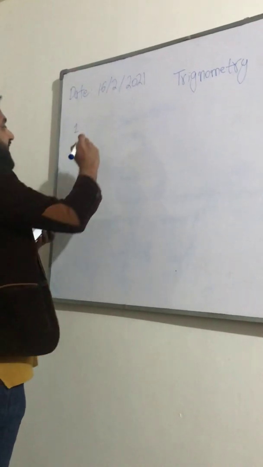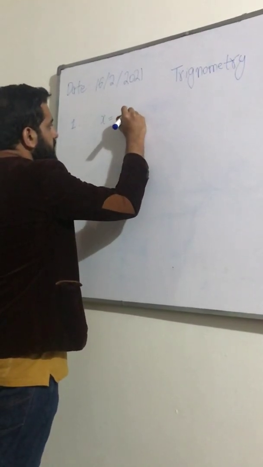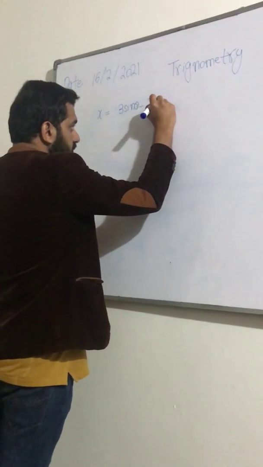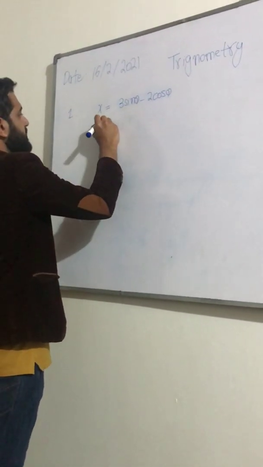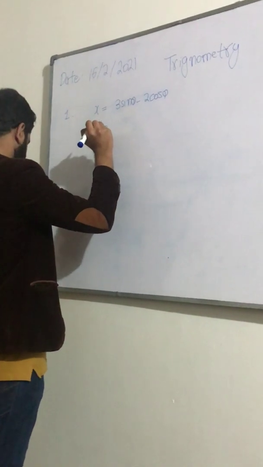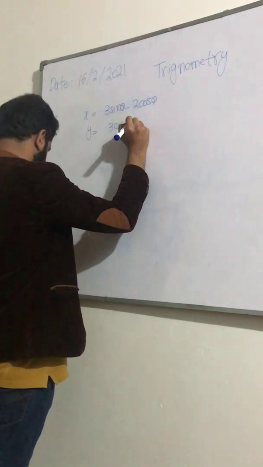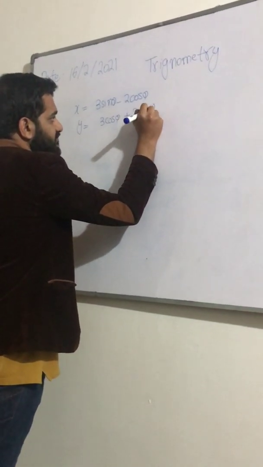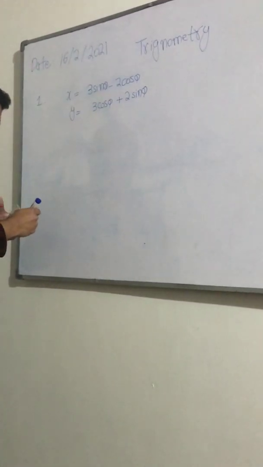They have given that x is equal to 3 sin theta minus 2 cos theta, whereas y is equal to 3 cos theta plus 2 sin theta. Okay, just copy this question in your copies.